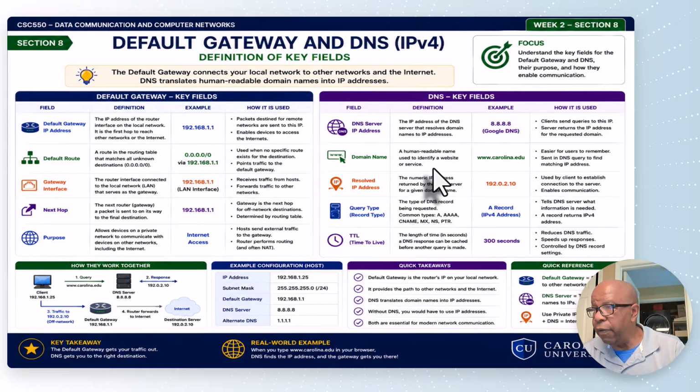Okay, understanding key fields for the default gateway and DNS, their purpose, and how they enable communication. Here, how they work together. This is kind of a flow where somebody's doing a query from Carolina U. The DNS server responds, and it has an IP address assigned to it.